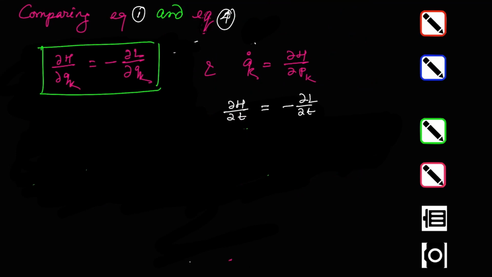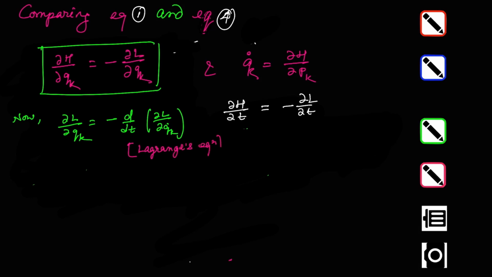Now you see this equation. If you use the Lagrange equation, del L by del qk is equal to d by dt of del L by del qk dot. This is obtained from the Lagrange equation. Here the term del L by del qk dot is the generalized momentum pk, so let us replace it by pk.